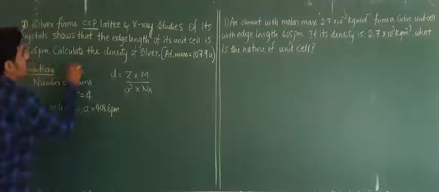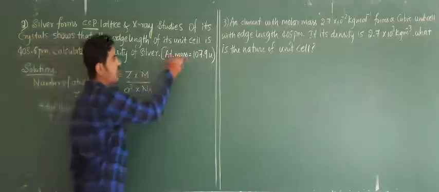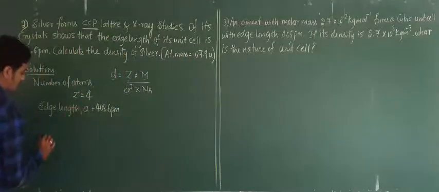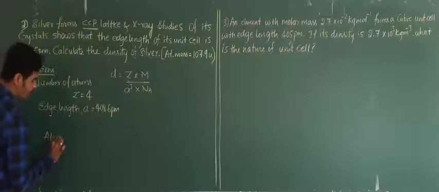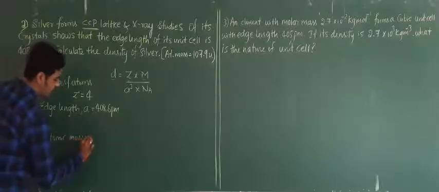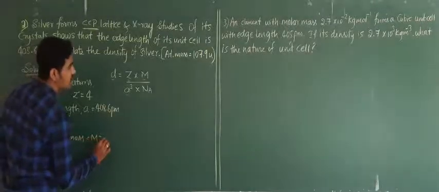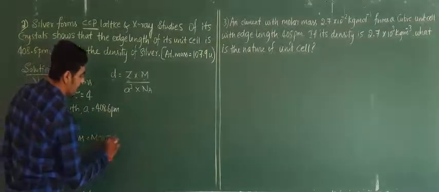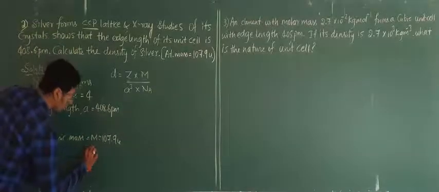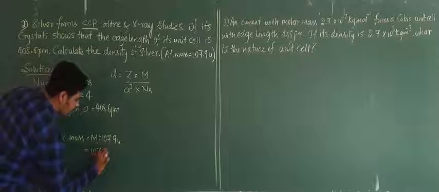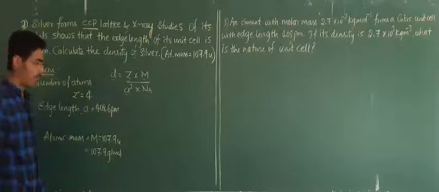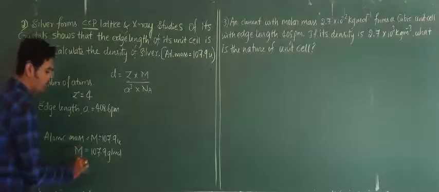And the atomic mass of silver is given along with it. Atomic mass is represented as M, which is 107.9 U, or in other words 107.9 gram per mole. So this is the value of M.